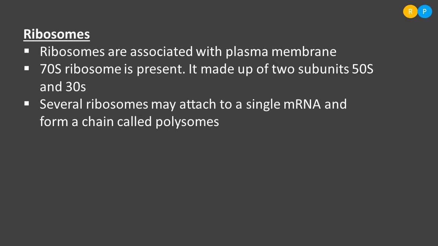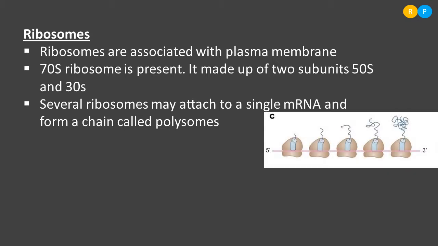Clear? This is a 1 mark question. So a polysome is a chain-like structure. It is formed by several ribosomes attached to the mRNA strand. Understood, right? So this is a very important structure in the bacterial cell. It helps in the formation of a number of proteins.